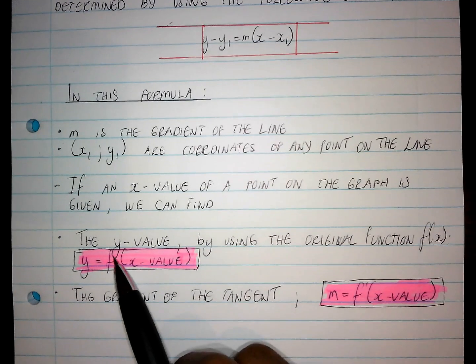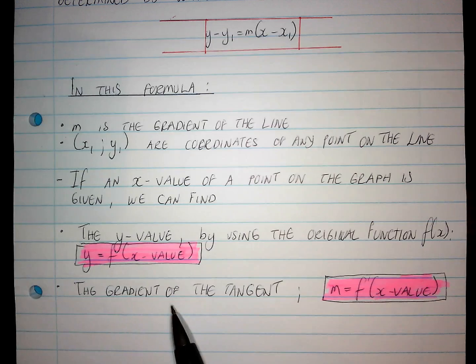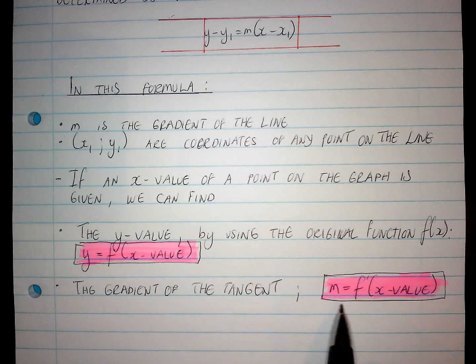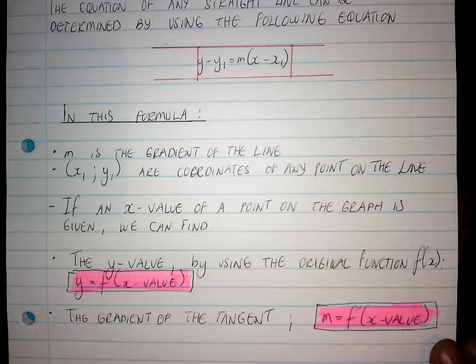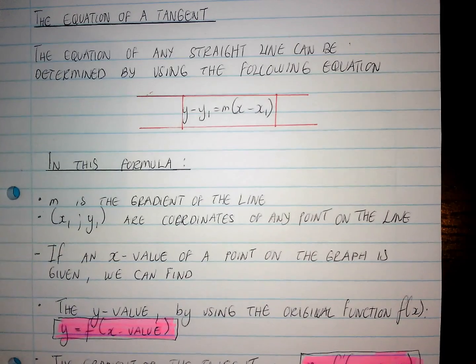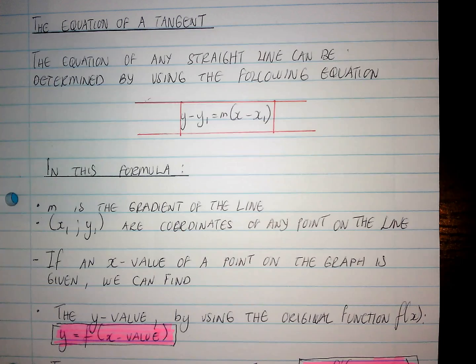Then, to find the gradient of the tangent, as I said in the previous part, the gradient is established by finding the derivative of f with respect to x, and substituting the value of x in the derived equation to find m. So these are just notes on how to find the equation of a tangent using the gradient at any point on the line.